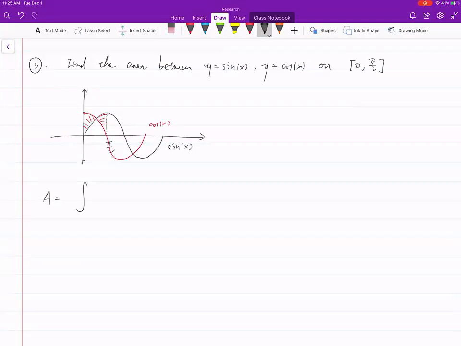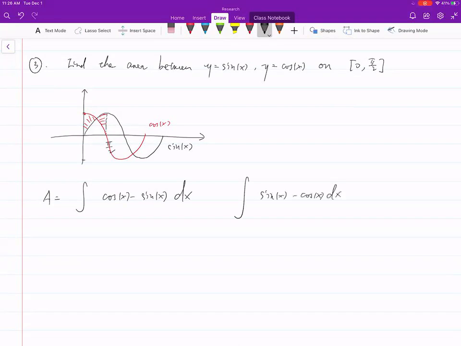You have sine and cosine. Who is above the other one? Can you see it depends? Right? The first part, red is above the black, so cosine is bigger than sine. Okay. However, for the second part, the black is above the red, so sine is bigger than cosine.